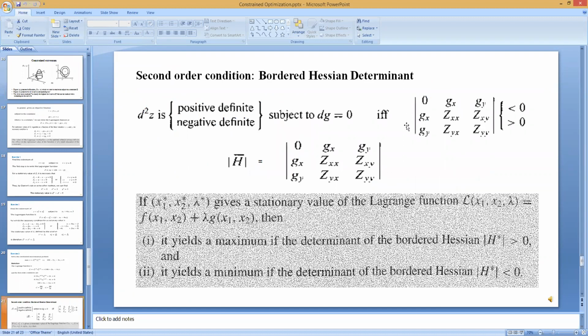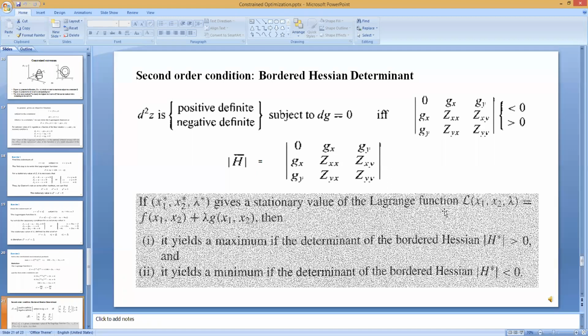Now we get the second expression greater than 0 if and only if this 3 by 3 determinant is less than 0. You already found it negative when solving. So the big expression will be greater than 0 if this determinant is less than 0.